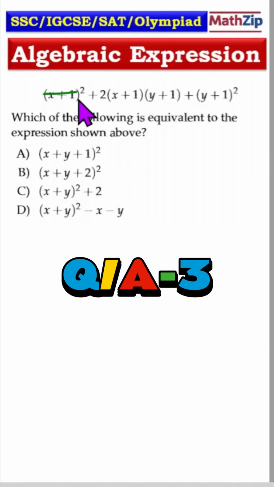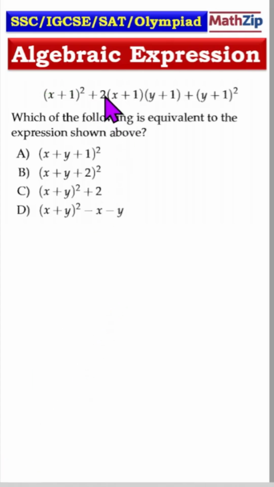(x plus 1) whole squared plus 2 times (x plus 1) times (y plus 1) plus (y plus 1) whole squared. So which of the following is equivalent to the expression shown above?